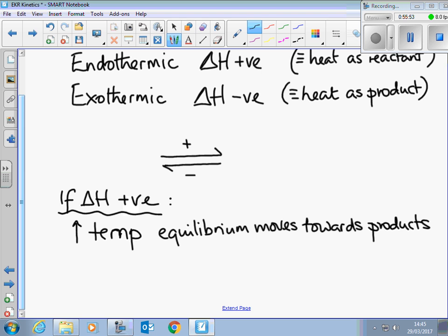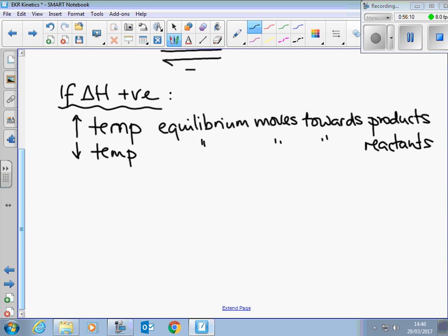And of course, if you reduce the temperature for an endothermic reaction, well, that's going to slow it down. So equilibrium would move towards the reactants. I will recap this when we come back because chances of remembering it are slim.